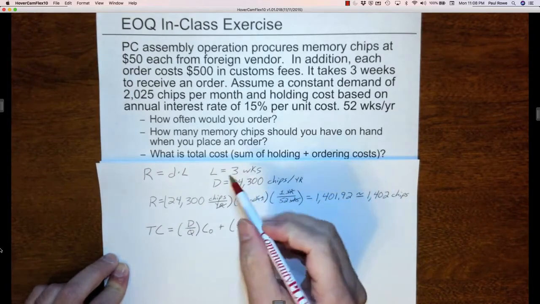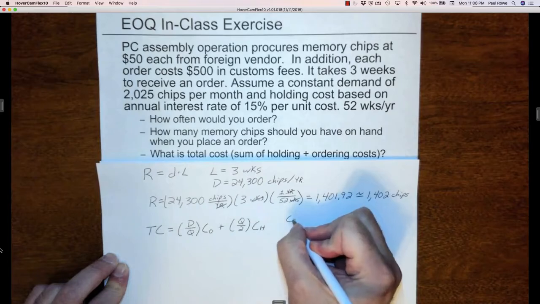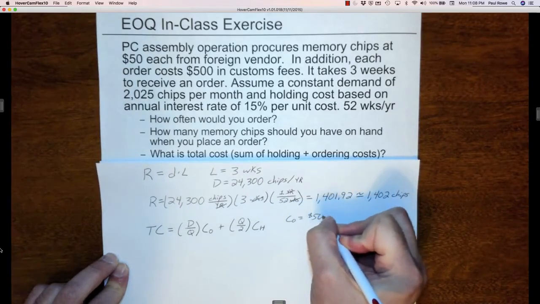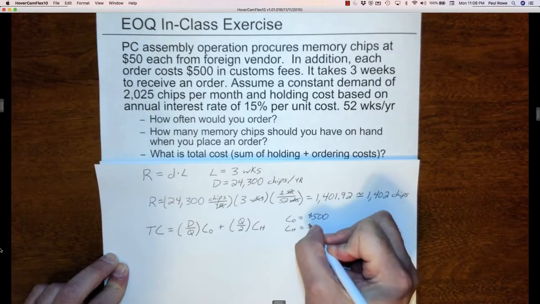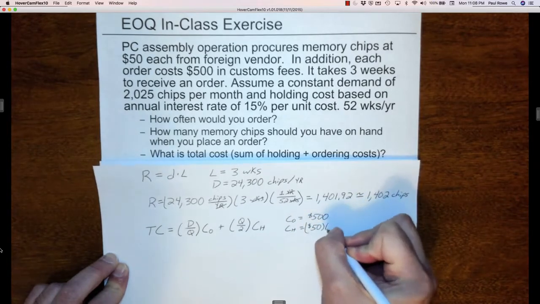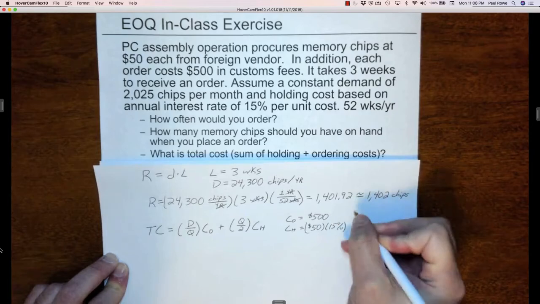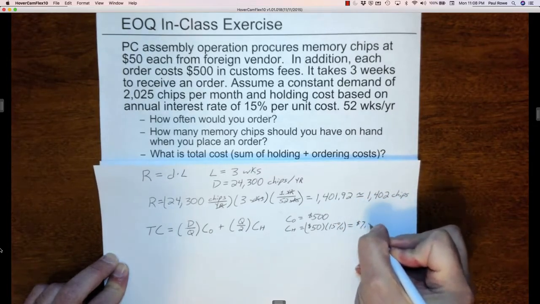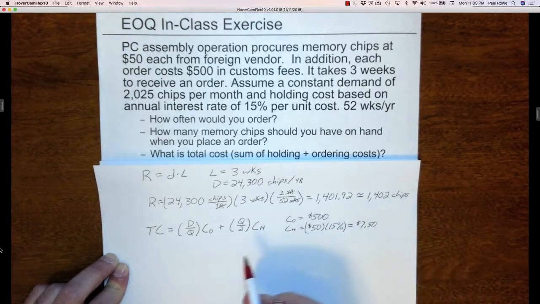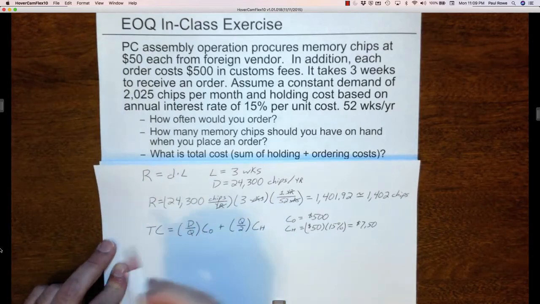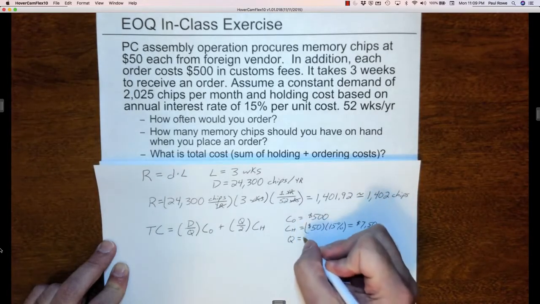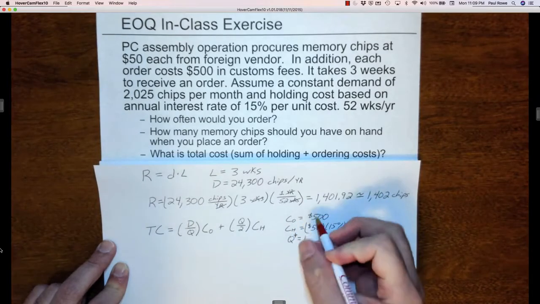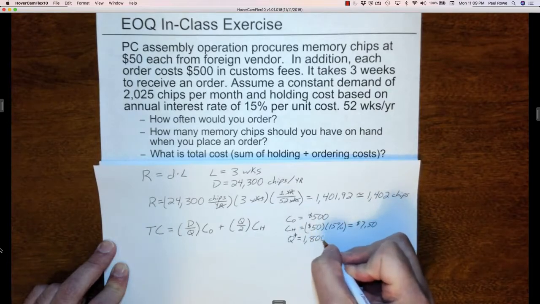We already know our ordering cost is 500. Our holding cost is the $50 times the 15% annually, or $7.50. And we calculated D previously, and we calculated our Q previously. If we recall, our Q star, our EOQ, was 1,800 chips.